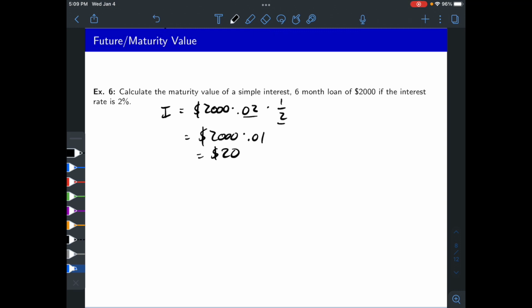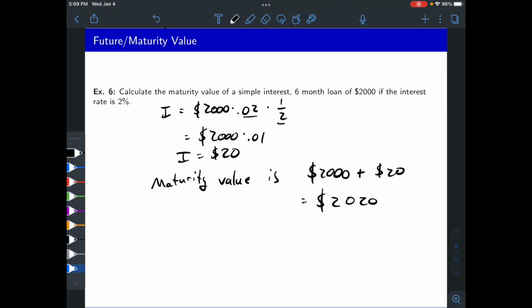Yeah, okay, so this is good. So $20 is our interest. And then our maturity value or future value is just going to be $2,000 plus our interest, which is $20 of interest, which is equal to $2,020.